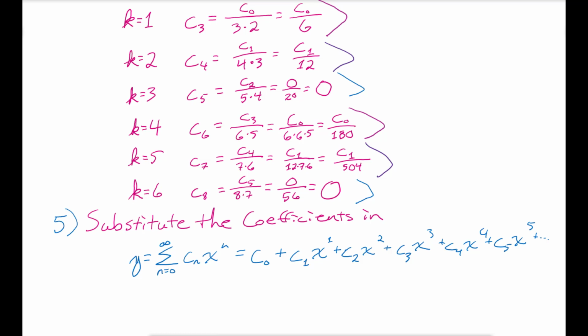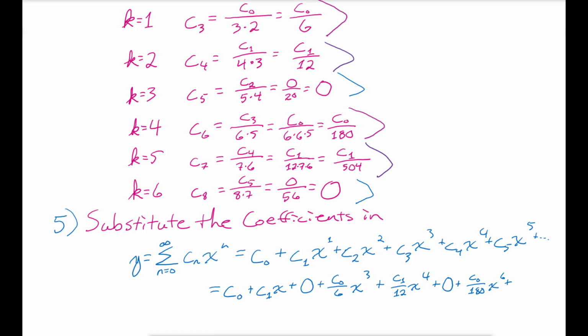So substituting our coefficients that we know in, I have c sub 0 plus c sub 1 x plus c sub 2, I know is 0, plus c sub 3, I know is c0 divided by 6, x cubed, plus c4, I know is c1 divided by 12, x to the fourth. C5 I know is 0. C6 I know is c sub 0 divided by 180, x to the sixth.